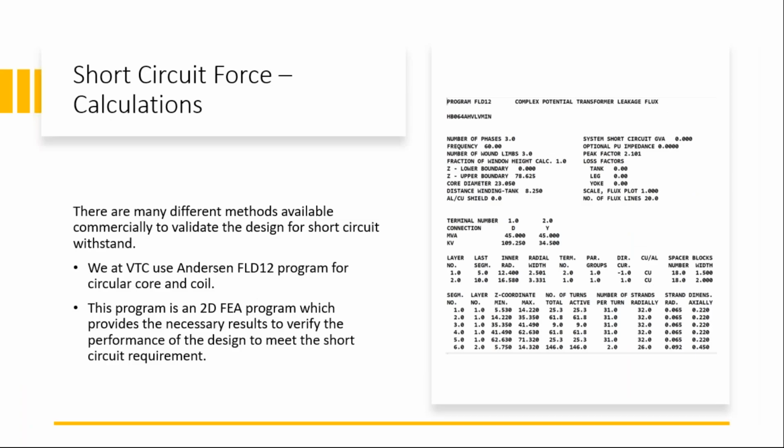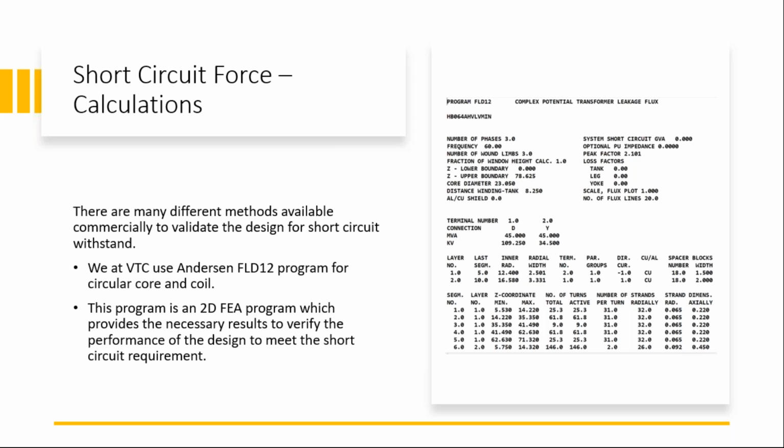So coming to the short circuit force calculations and verifications at the design phase of the transformer, this is an important phase where we determine the short circuit forces and extreme short circuit forces for a given transformer and a given condition.